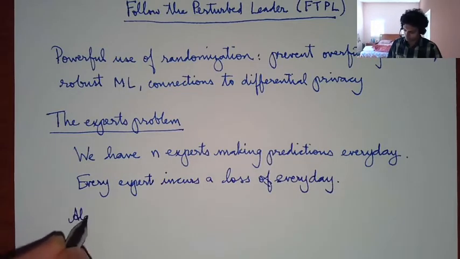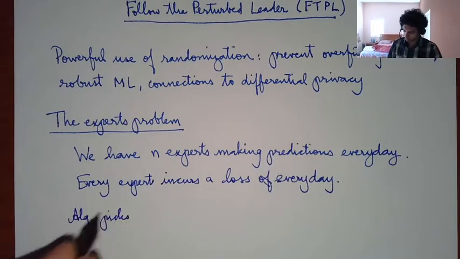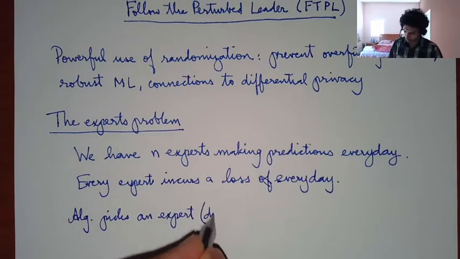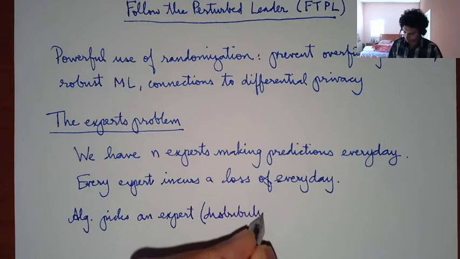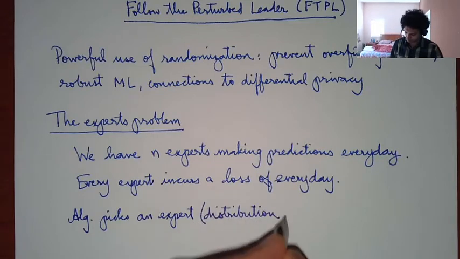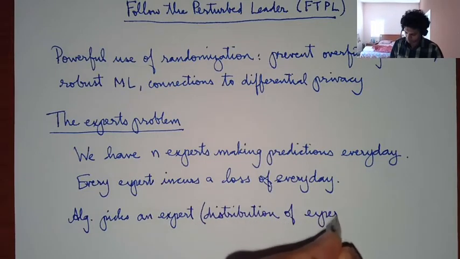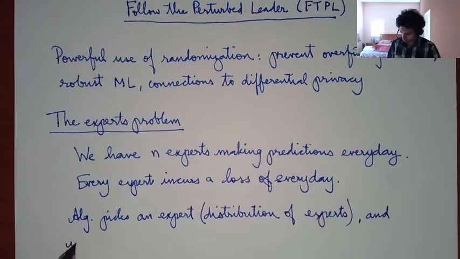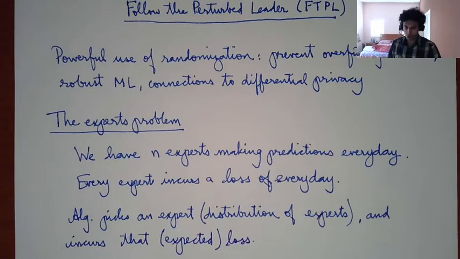The algorithm picks an expert, or technically a distribution of experts, and incurs that loss, or that expected loss.